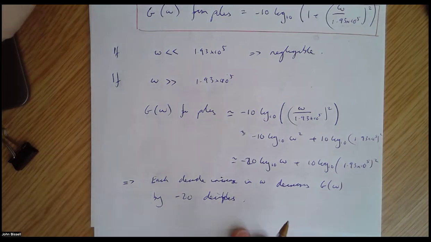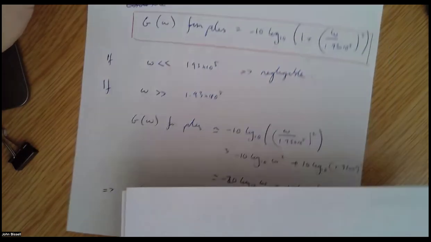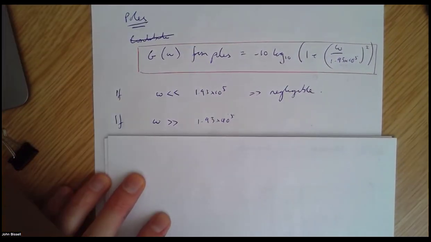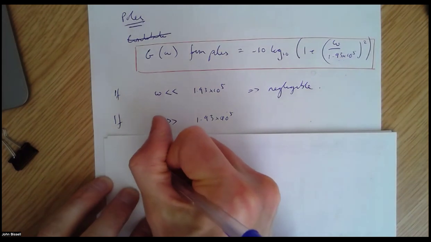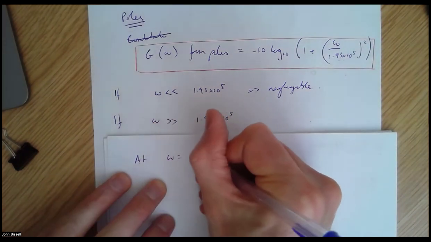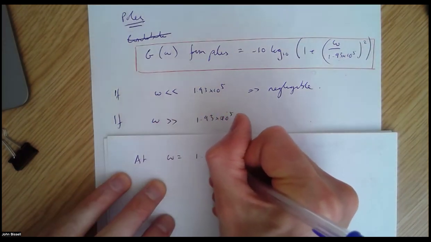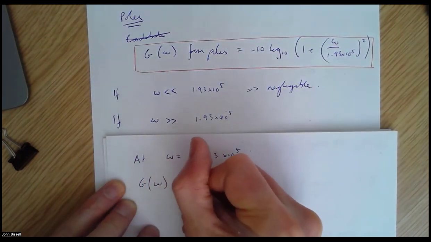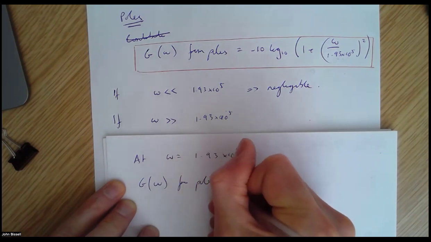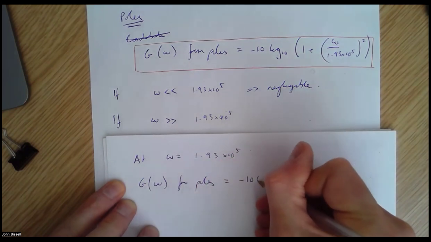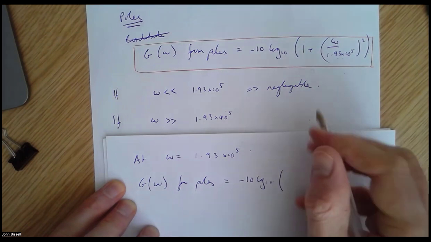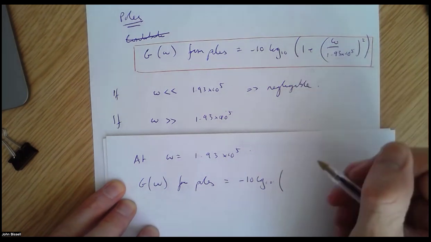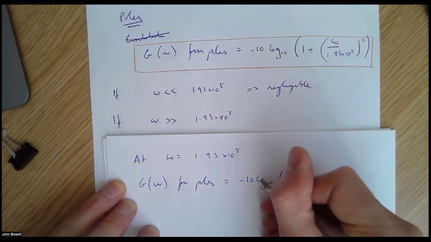And the final thing we need to do is look at the break frequency. At the break frequency, where omega is 1.93 times 10 to the 5, the contribution to the gain from the poles is minus 10 log to base 10 of 1 plus 1 over 1, all squared, or log 2.